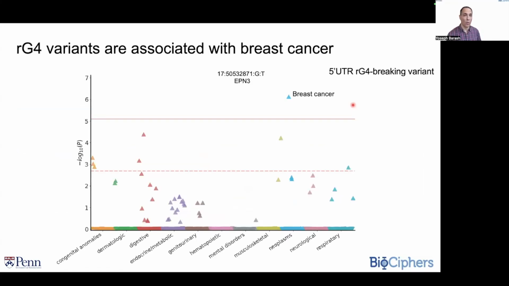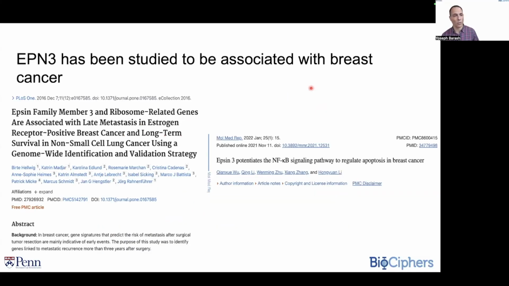One of those hits that I'm going to show here is EPN3, a very strong hit in breast cancer that you see here. And these are the FDR and Bonferroni thresholds. That was not on the list that we got, but then we looked at the literature and found multiple papers showing clear association between breast cancer and EPN3. So that was one example of new things that we found.